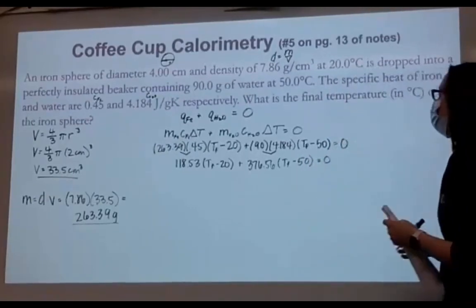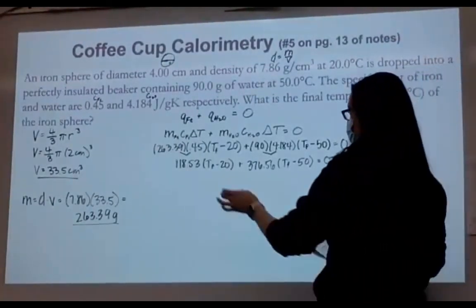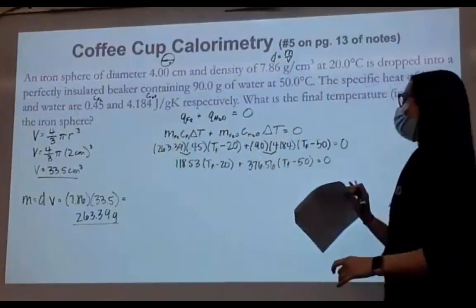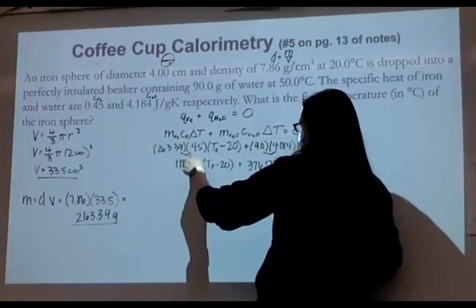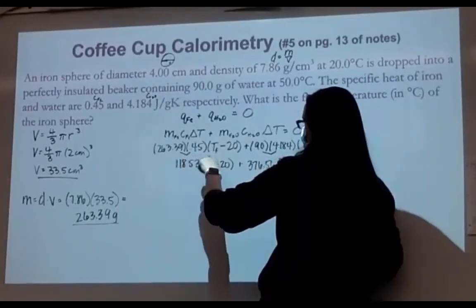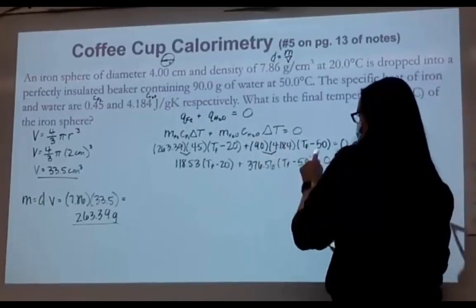Try to not do too many things at once, just so that I could see if there's ever a potential mistake. So I just multiplied the two terms in the front. Now I can distribute. All right, so I'll distribute 118.53 to TF into 20. I'll distribute 376.56 to TF into 50.